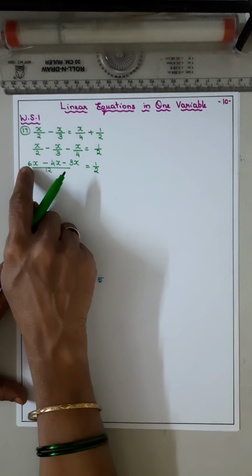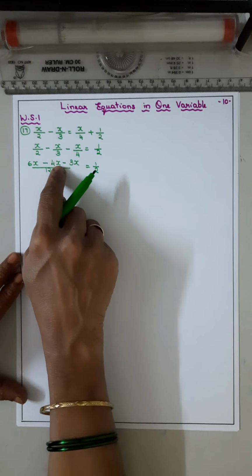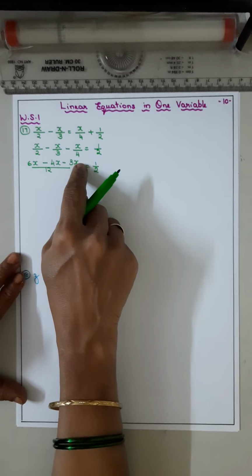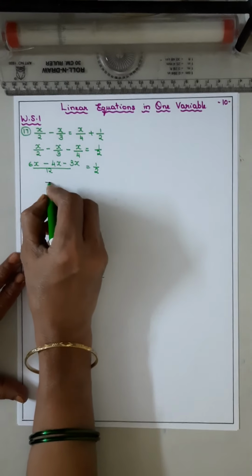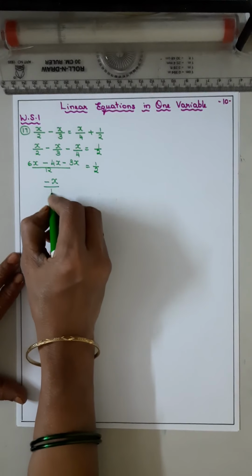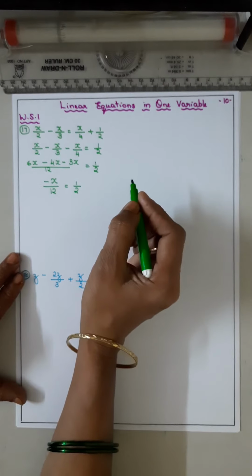Now here 6 minus 4 is 2. 2 minus 3 is minus 1. Means it will be minus x upon 12 is equal to 1 by 2.